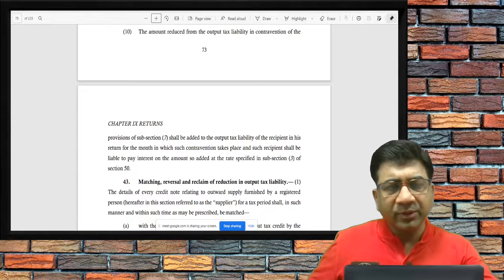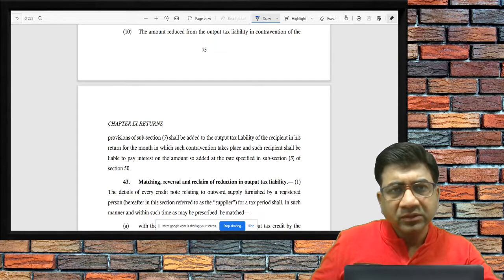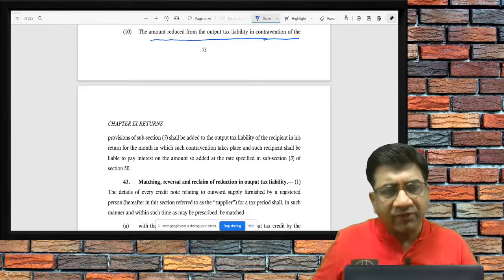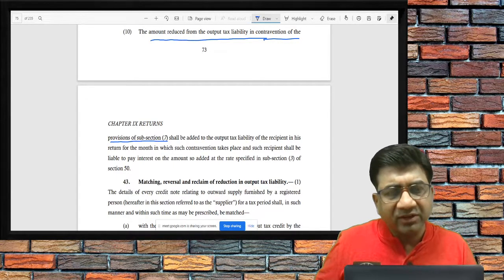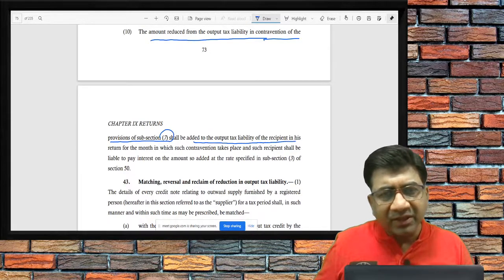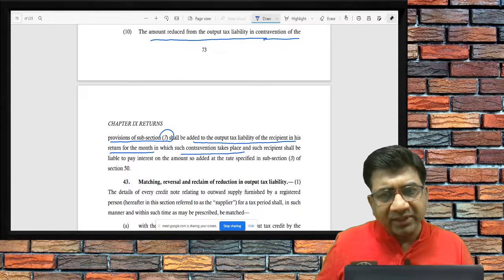Are you able to see? The amount reduced from output tax liability in contravention of the provision of subsection 7 shall be added to the output tax liability of the recipient in his return for the month in which contravention takes place.